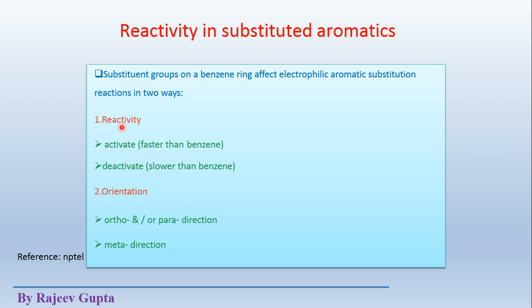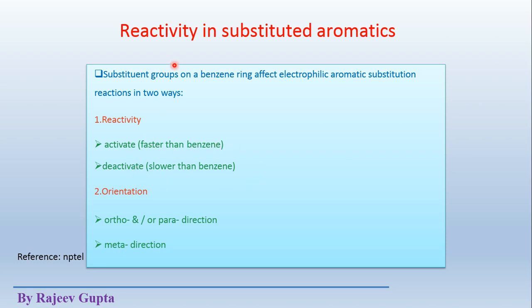If the presence of a substituent increases the reactivity of the aromatic ring or benzene ring, it is an activating group, meaning that group or substituent activates the benzene ring towards aromatic electrophilic substitution reaction. Or the second possibility is the substituent could decrease electron density in the benzene ring, meaning it may decrease the reactivity of the benzene ring or any aromatic ring towards this electrophilic substitution reaction.